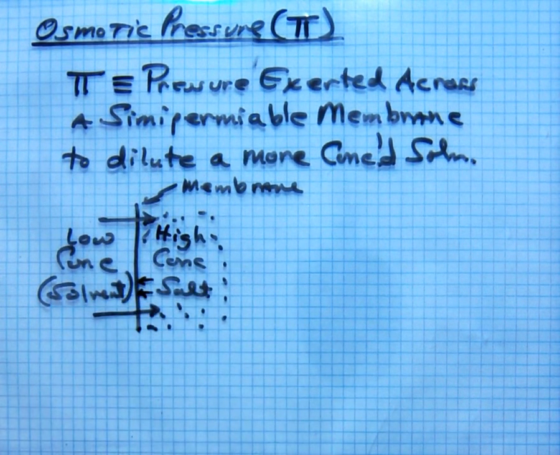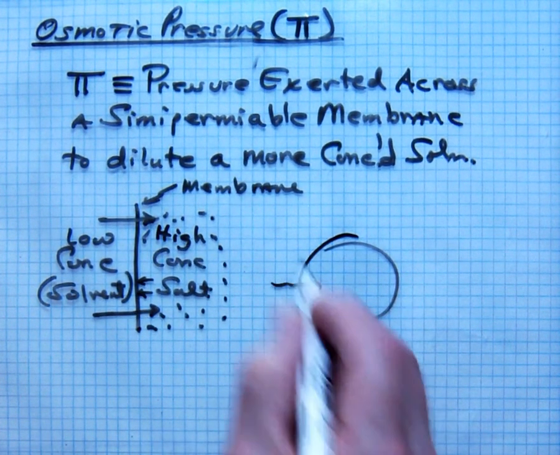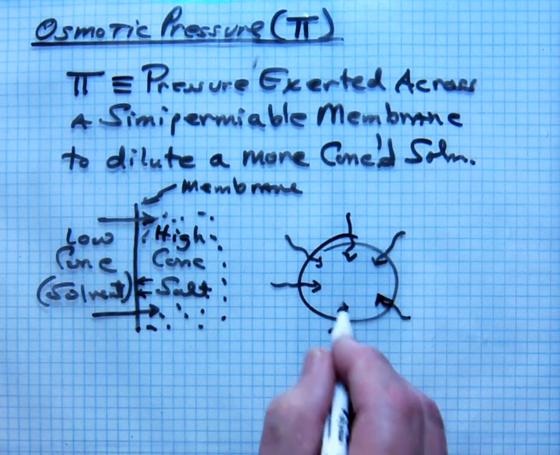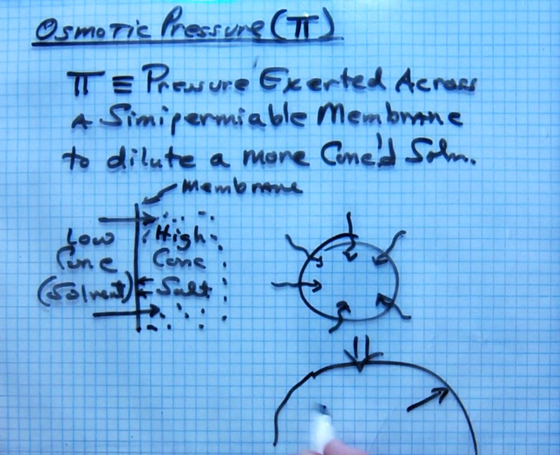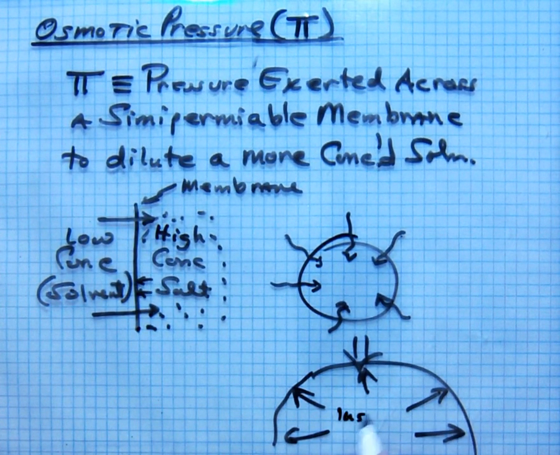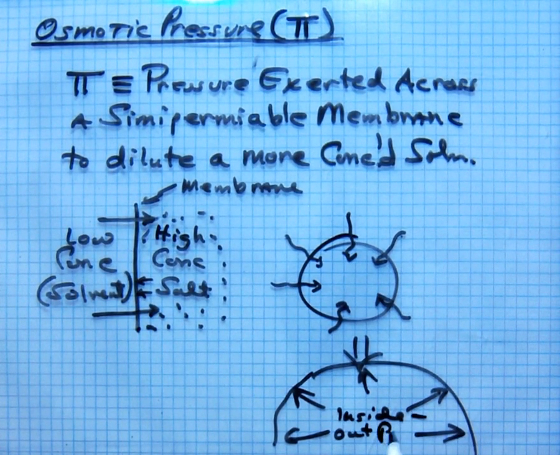See, it won't go back the other way, but it will push. It's kind of like a balloon. Starts at this, and you have your fluid going in through the membrane. Well, this membrane's going to start expanding like that, and then it's just like blowing up a balloon. And in order to do that, you have to apply an inside-out pressure, and that inside-out pressure is osmotic pressure, inside-out pressure.